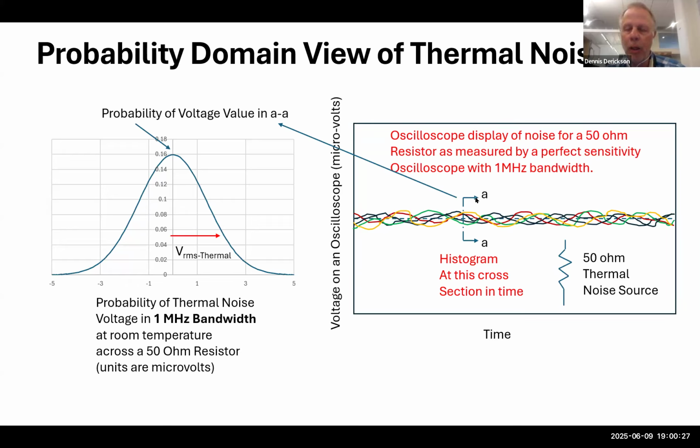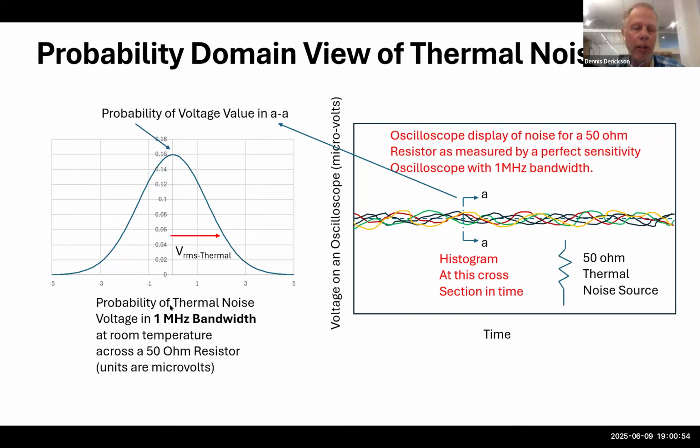And if we do a histogram on this cross section right here, and just show what's the voltage at that point in time over many, many, many traces, we'll get a histogram display. And the most common voltage would be 0 volts, but there's a positive voltage probability and negative voltage probability, and that's going to be measured by a Gaussian distribution, which is shown right here.